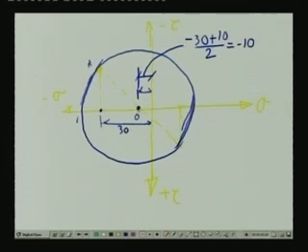So, the distance from here to here is 20, which is sigma x minus sigma y by 2. As we have evaluated earlier, this particular distance O dashed is equal to sigma x minus sigma y by 2, and sigma x is minus 30, sigma y is plus 10, divided by 2, which is equal to minus 20. So, from here to here it is 20, and this is tau xy, which is also 20.